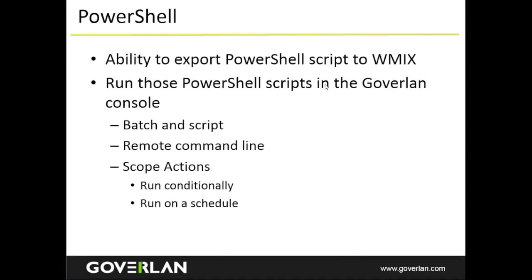So you can leave your scripts to do the actual work that you wanted them to do, and then use the features within scope actions to run a script conditionally, run on a schedule, or run on a schedule that only fires off when a specific condition is met. And this brings a new level of automation to the world of PowerShell scripting.